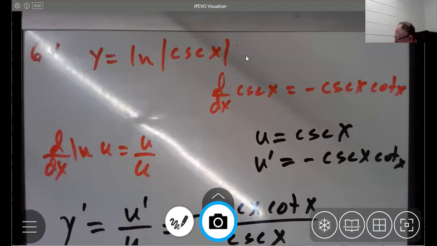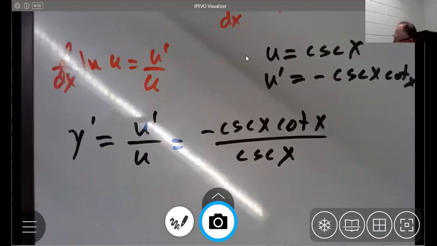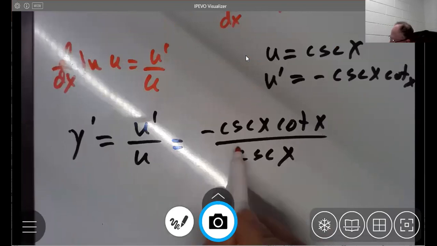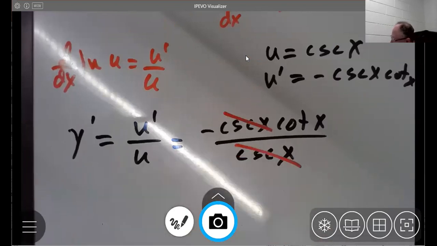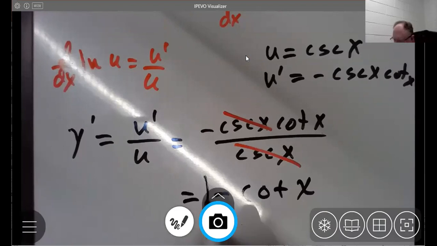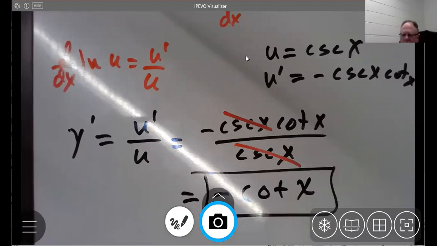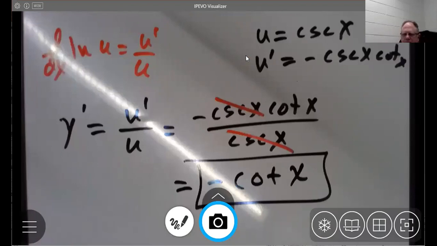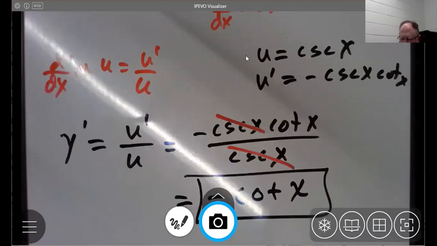Well, the cosecants can cancel out. And so our answer is negative cotangent x. And that's our answer. Okay, questions with that?